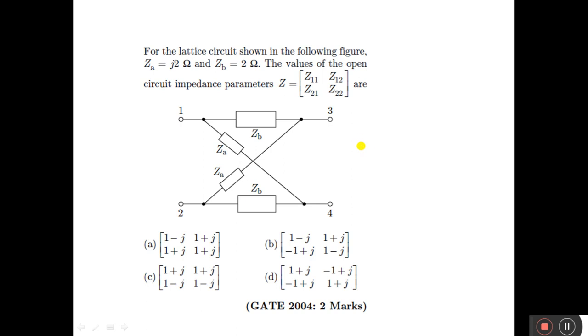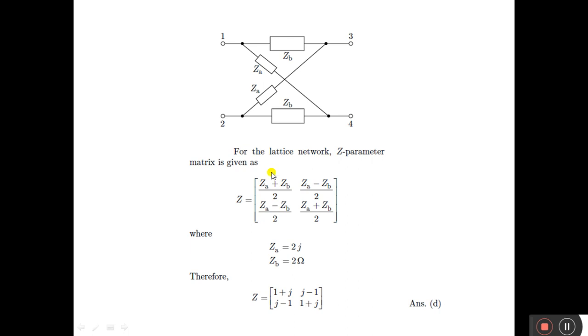Lattice form. No need to redraw the circuit and calculate all the values. We have a very simple direct formula for this lattice circuit. For a lattice network, if the top and bottom values are ZB and both cross wings have ZA, if the network looks like this format, then only this formula is applicable.